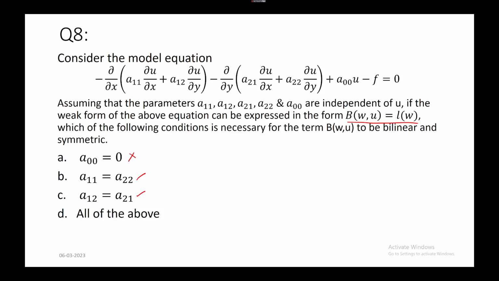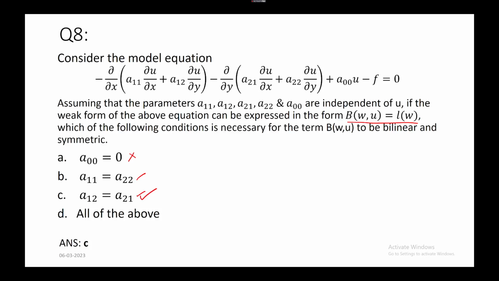Among B and C, which condition do you think needs to be satisfied? C, sir. Yes, C. Okay, answer is yes, you are right. Answer is C. In the last example itself we saw that a00 need not be 0 for the case to be bilinear. So option A is ruled out.